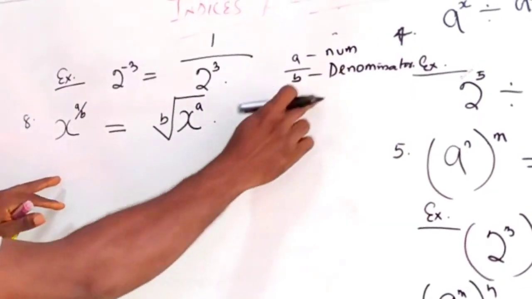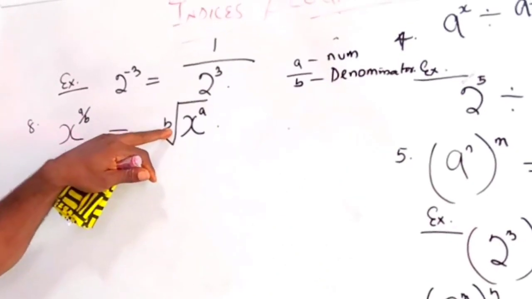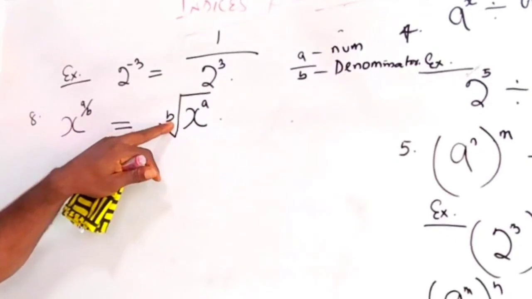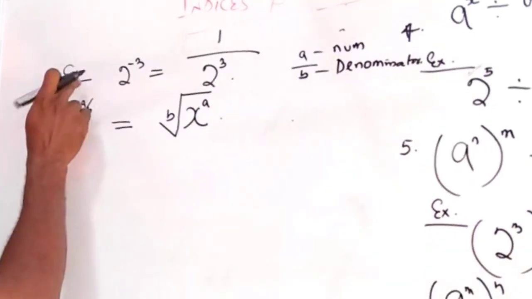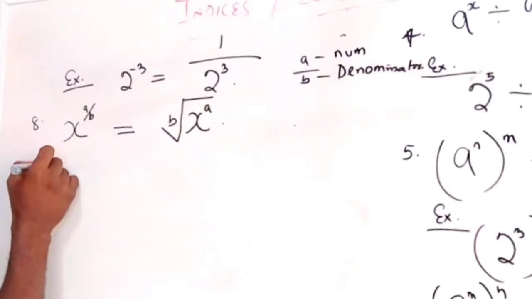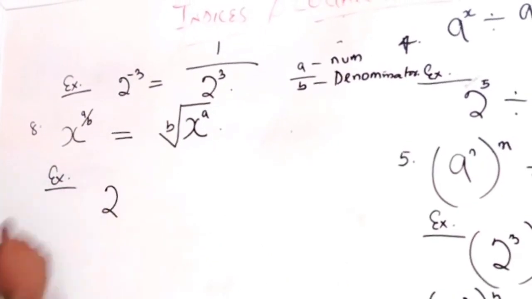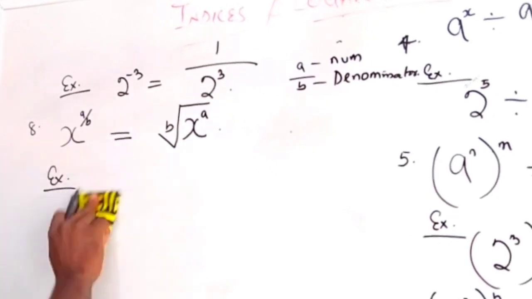So the law says take the denominator and make it the root of this very expression, and take the numerator as the power. So let's take an example. Let's say I have 8 raised to power 1 all over 3.